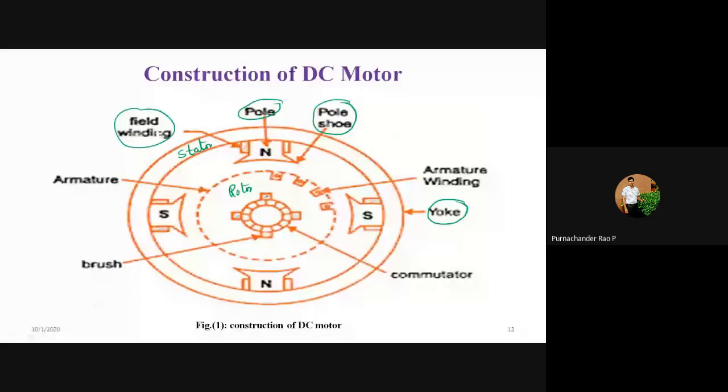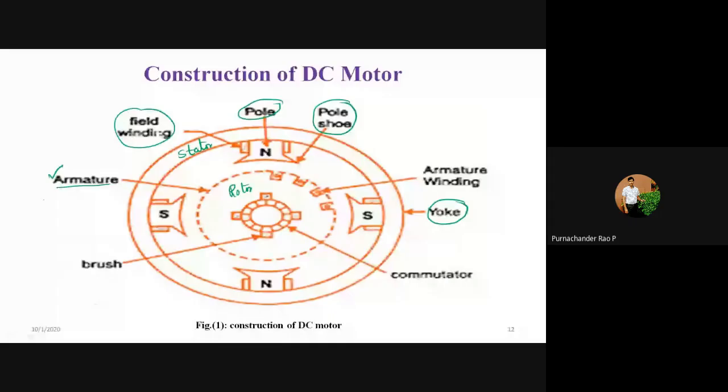And next, the rotor consists of the armature. Okay, so here this is the armature, and next on the armature we have the armature winding.